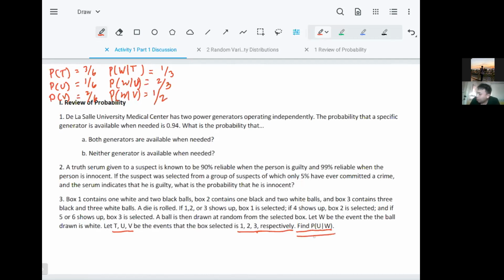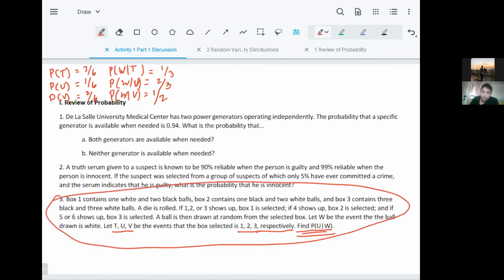Just look for P of U given W. So you're gonna have a combination of Bayes rule and theorem of total probability. May nagtanong sa akin sa inyong section ata yun, nag-message sa akin kung ano mga tricks sa pag-set up ng mga problems. Ito kasi alam mo na may partitions siya eh. Pag may partitions kang nakita, it's gonna be theorem of total probability and Bayes rule.